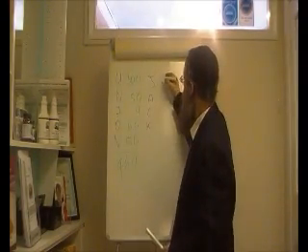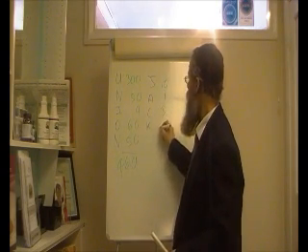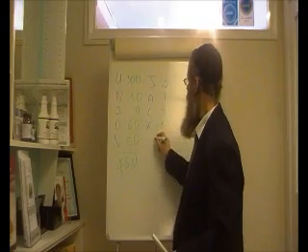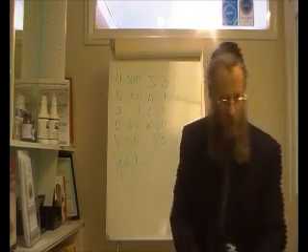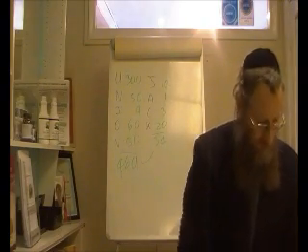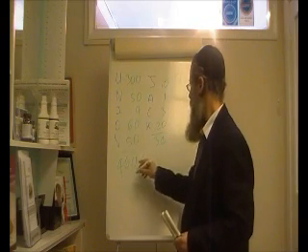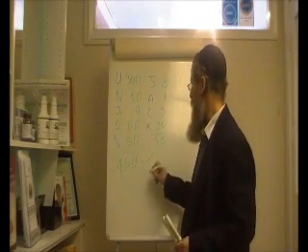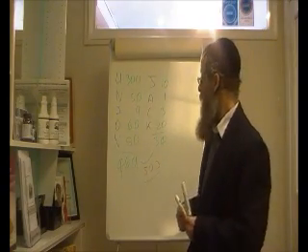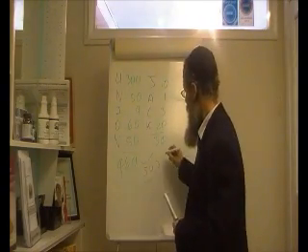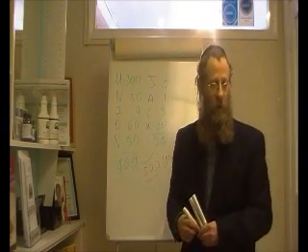J is 10, A is 1, C is 3, K is 20. That gives you 34. Add those two values together and we get 503. So that's Union Jack in the normal value. I put NV, and that shows it's normal value.